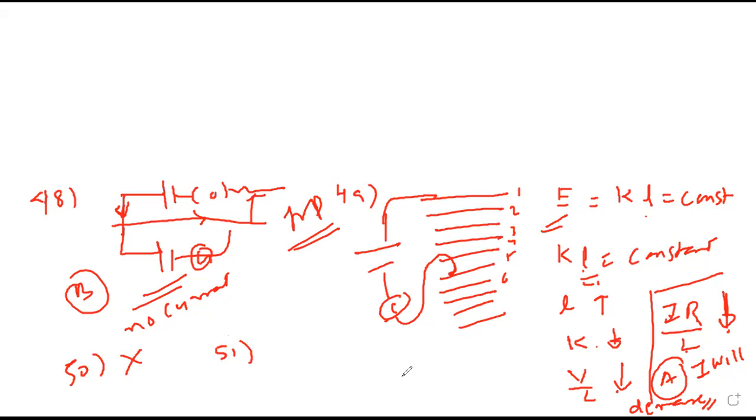In potentiometer for measuring EMF of cell, at null point no current flows through the cell circuit. Main circuit से फ्लो होएगा, सेल सर्किट से नहीं फ्लो होएगा.